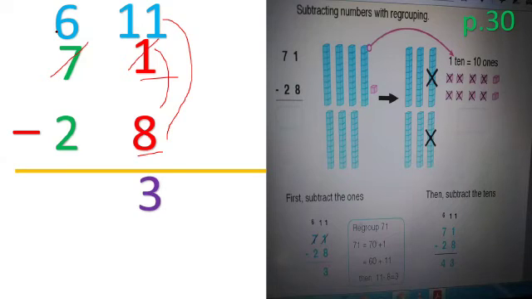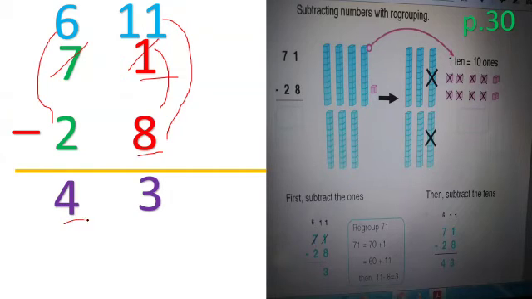And then we subtract the tens. 6 minus 2 equals 4. Excellent. So we subtract the tens to get 4.